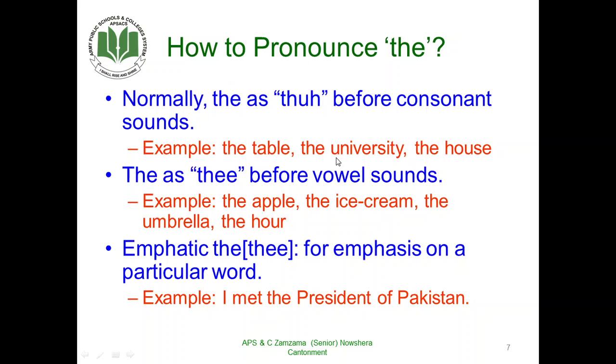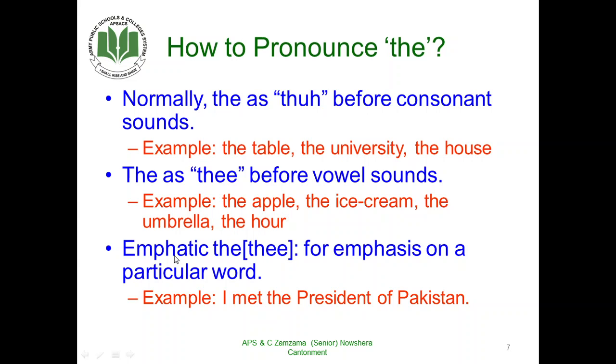Here, U is a vowel, but its sound is a consonant sound, y-o-u, university. Then we will use the here. Before vowels we use the, for example, the apple, the ice cream, the umbrella, the hour. Here H is not a vowel, but its sound is a vowel sound, so we use the before hour.